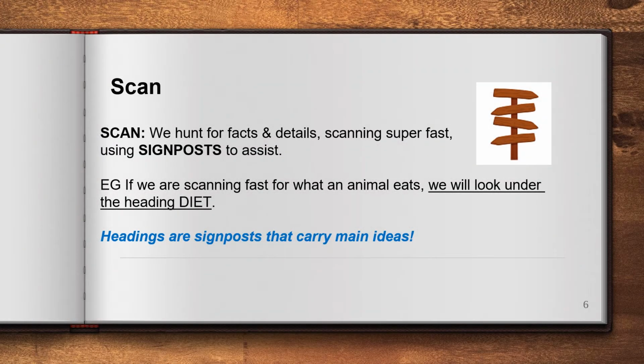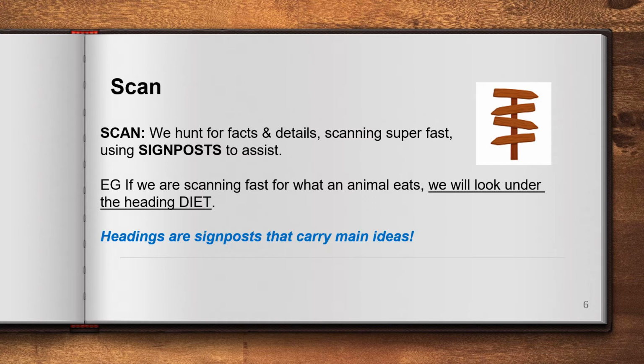So now you start reading the text, but sometimes you're hunting for particular facts and details. You're not even trying to read at a proper speed, you're scanning super fast, and you also use the signpost to assist you. So for example, if you're looking at a text about an animal like a lion, and you know that you're looking for what they eat, you won't start your scanning until you find the heading diet.